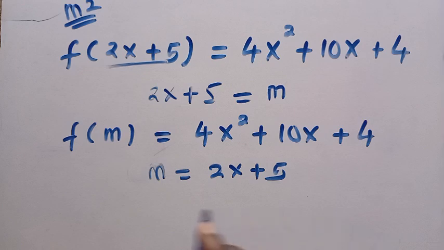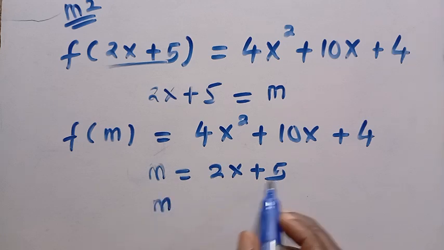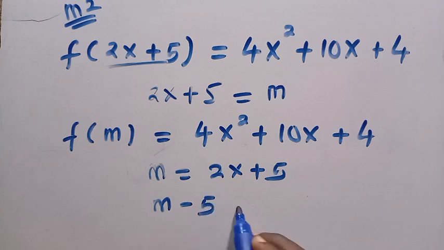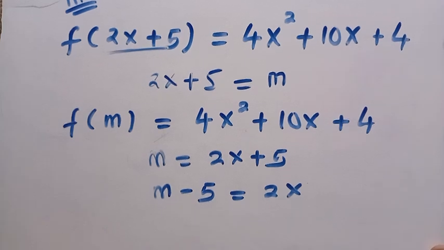Then from what we have here, let's say I make x the subject of the formula. We are going to have m minus 5 equals 2x.